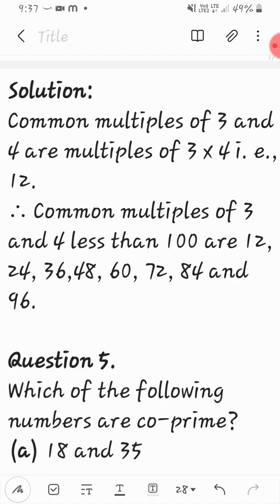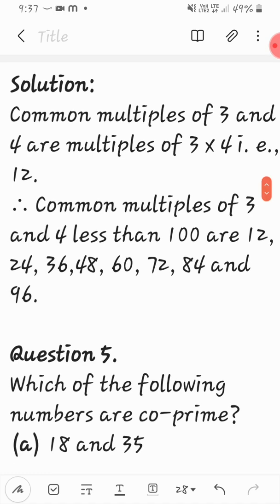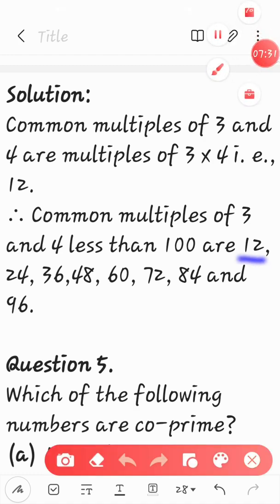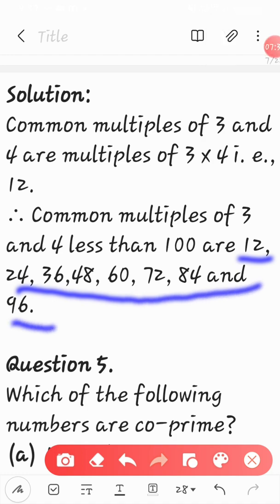This is the shortcut, this is better. So start writing the multiplication table of 12 till you get 100. The answers are 12, 24, 36, 48, 60, 72, 84 and 96, which are the common multiples of 3 and 4 less than 100.